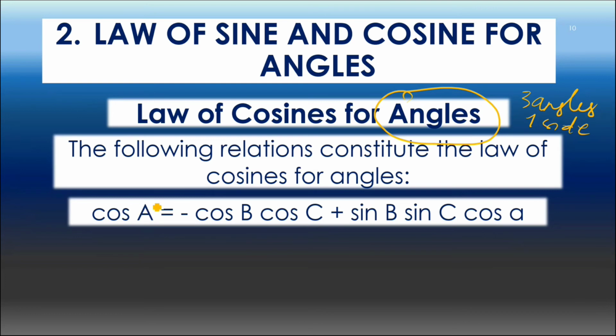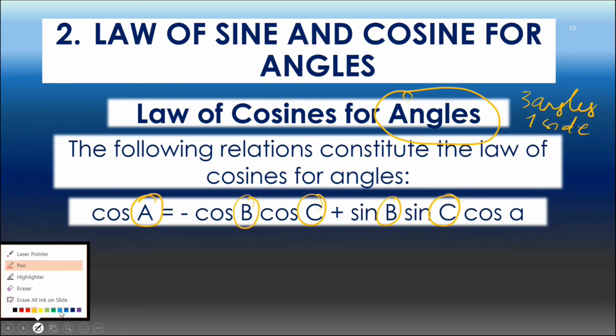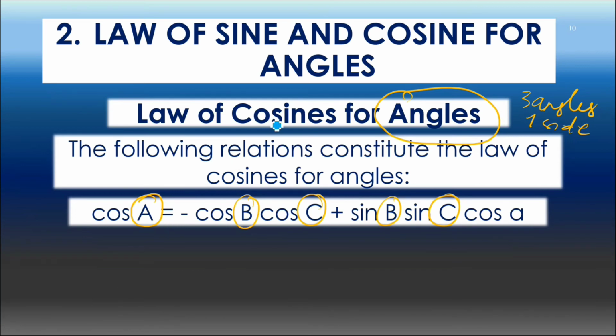So if we have big A, on the right side we have big B, big C. Then on the last portion, we do have the small a, because for the law of cosines we only have one side. So if we have a big A on the left side, automatically on the last portion we do have the small a. So we do have the big letter here and then the small letter here.